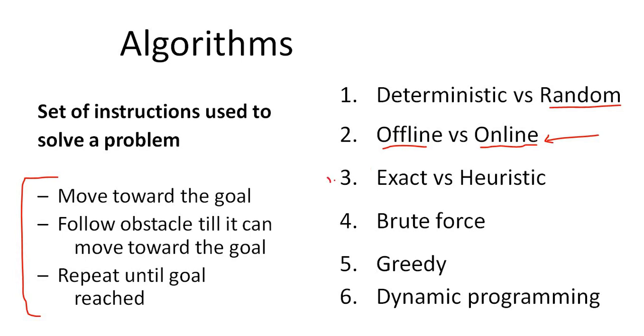Then we have exact versus heuristic algorithms. Exact algorithms try to give you, you can say, the best possible solution, which is close to the actual best solution we have.